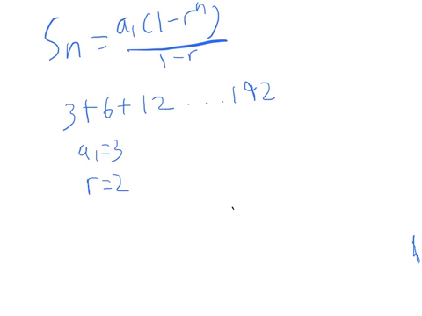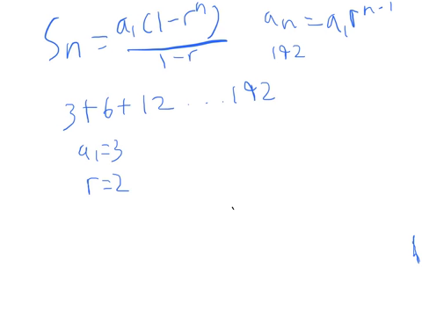So the formula is a sub n equals a sub 1 times r to the power of n minus 1. So a sub n is 192.